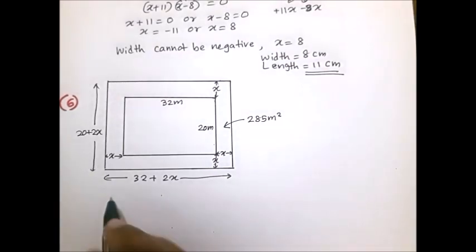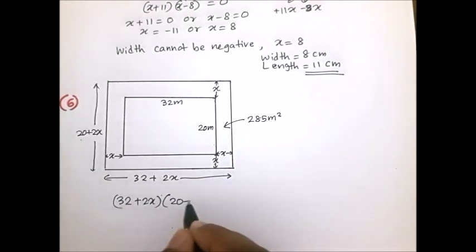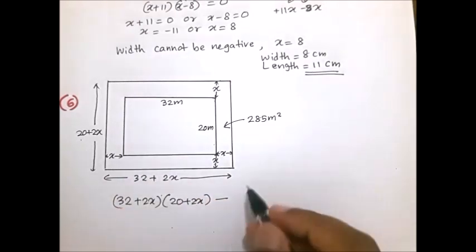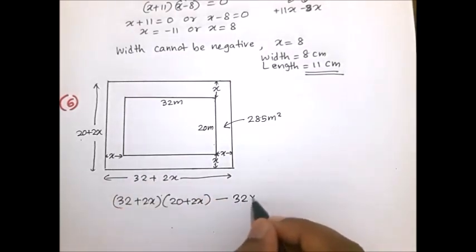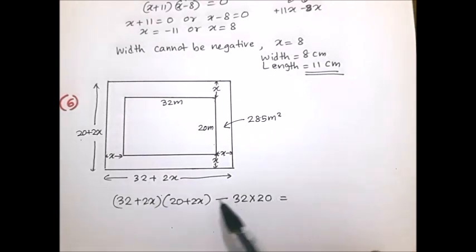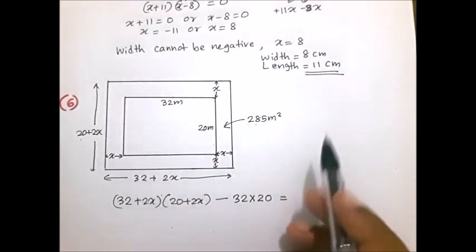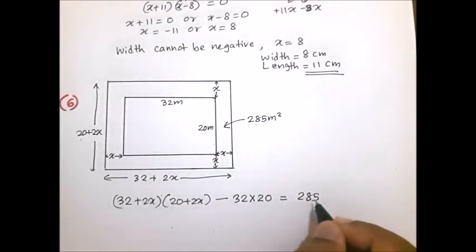So area of this large rectangle is 32 plus 2x multiplied by 20 plus 2x. Then subtract the area of this middle rectangle, length multiplied by breadth, 32 multiplied by 20. Area of large rectangle minus area of small rectangle is equal to area of this pathway. It is 285.